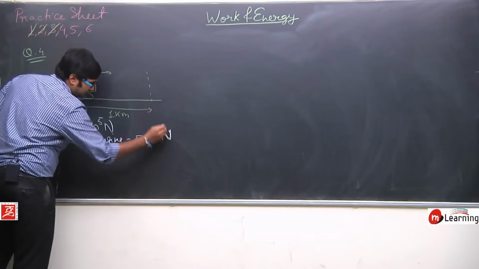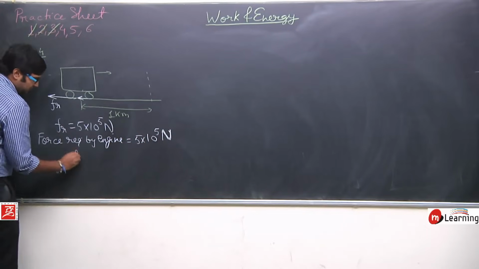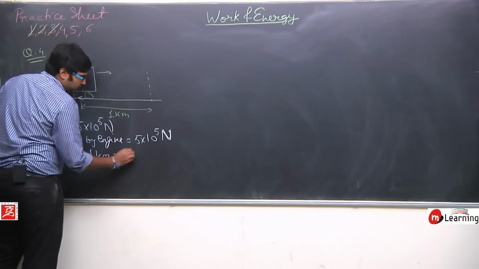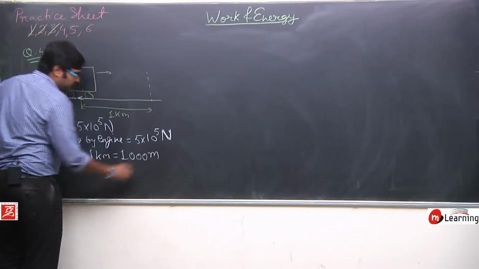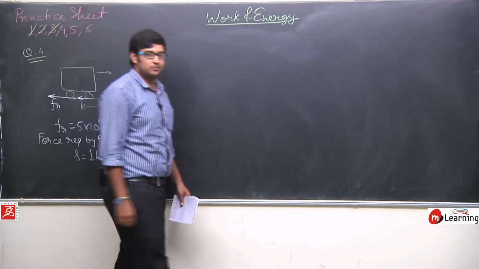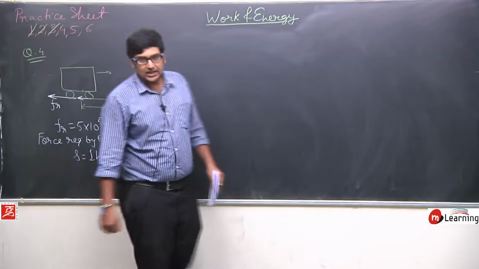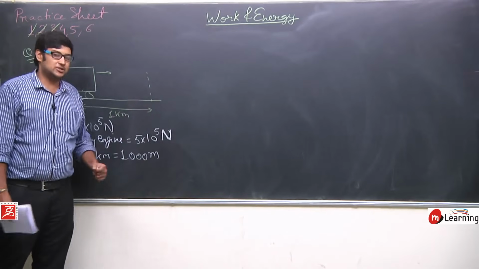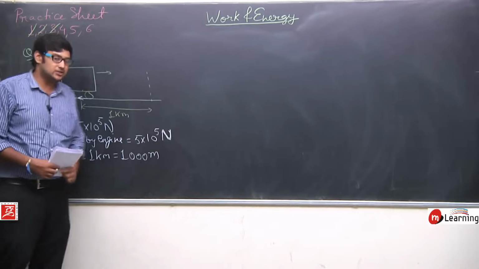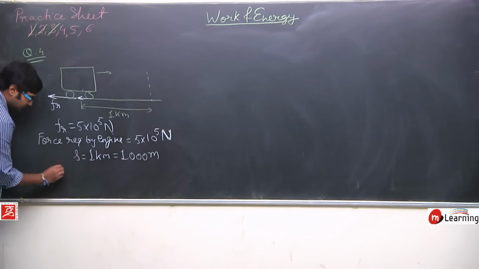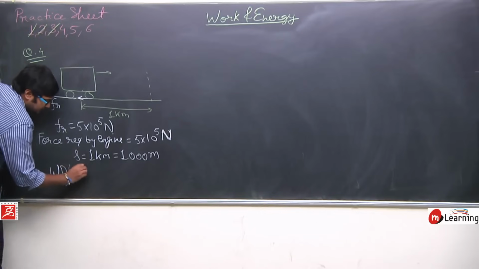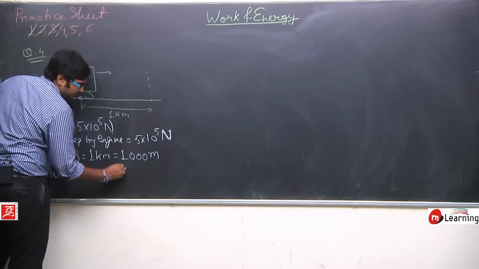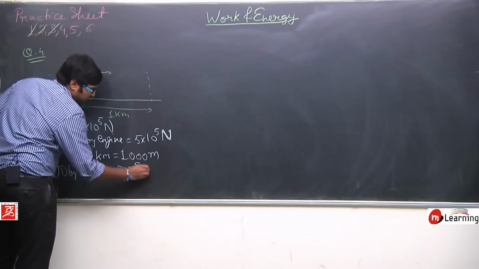Now what is the displacement of this train? The displacement S is 1 kilometer. We need to convert it into meters, so it becomes 1000 meters. So the force applied is 5 into 10 to the power 5 newtons and the displacement is 1000 meters. So the work done by the engine would be force into displacement, that is 5 into 10 to the power 5 newtons into 1000.